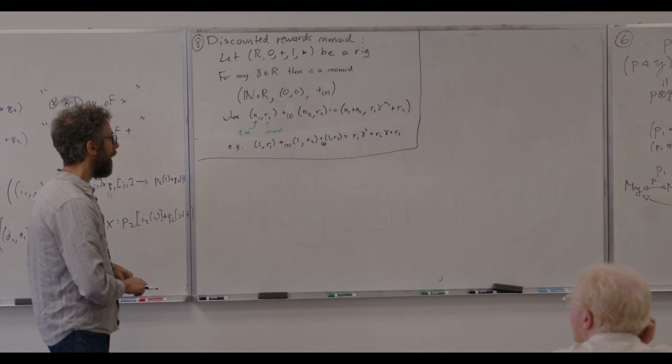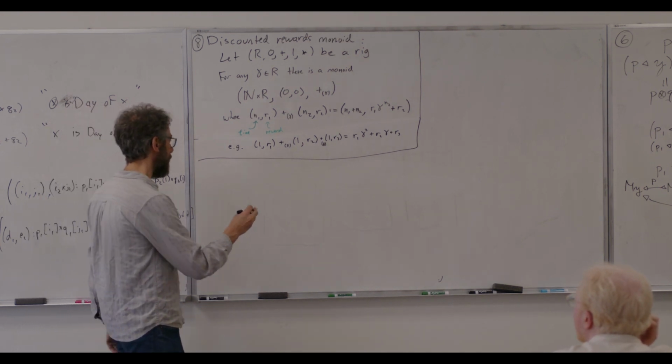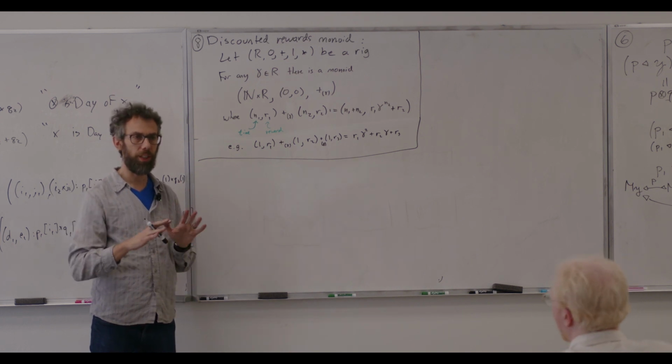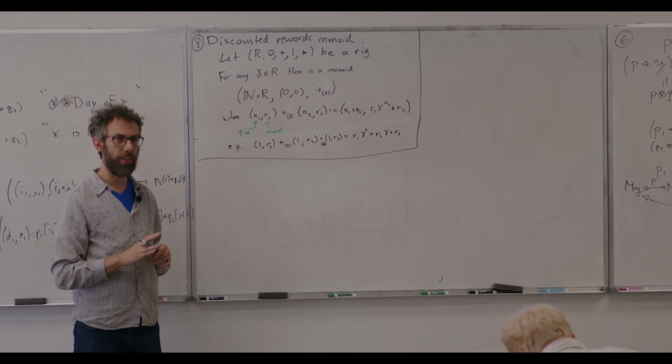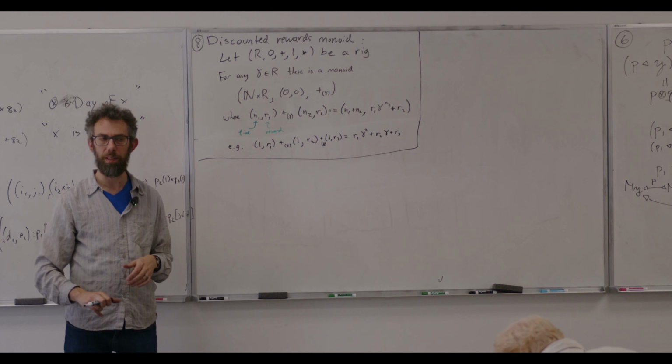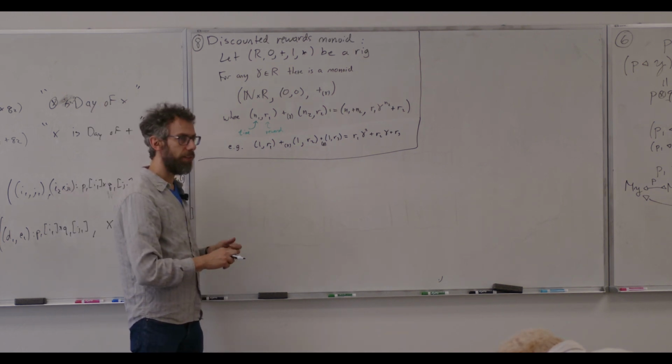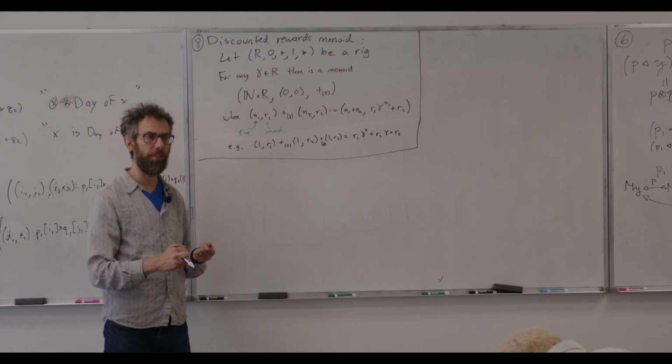Now the thing I want to talk about next is close to POM-DPs, partially observable Markov decision processes. I'm not going to define them exactly, because I want something as workable as possible and not necessarily the definition in Wikipedia.